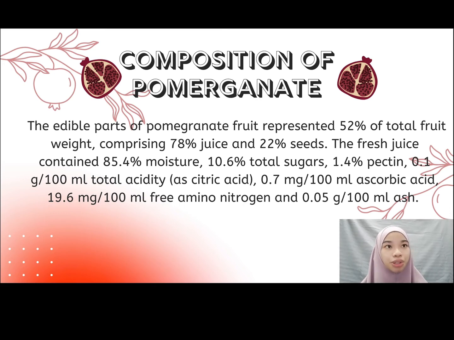Okay, the fresh juice of the pomegranate contains 85.4% moisture, 10.6% total sugars, 1.4% pectin, 0.1 gram per 100 milliliters total acidity as citric acid, 0.7 mg per 100 ml ascorbic acid, 19.6 mg per 100 ml free amino nitrogen, and 0.05 gram per 100 ml ash.